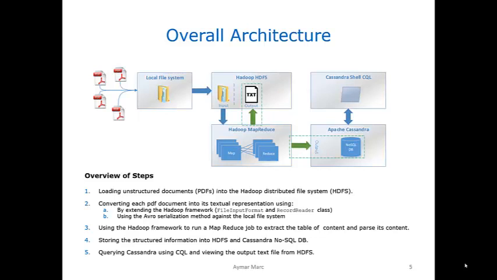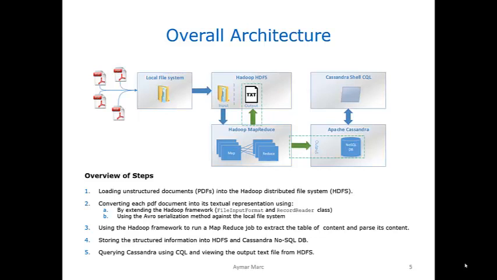Now, while using the Hadoop framework and running the MapReduce job, the target was to extract the table of content from this document and parse it, so parse each line and tokenize it, for ultimately storing it into two data stores, one the Hadoop file system as text, and the other one in a NoSQL database, in this case Cassandra.